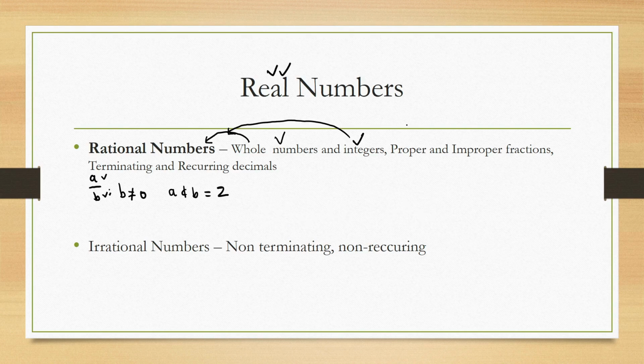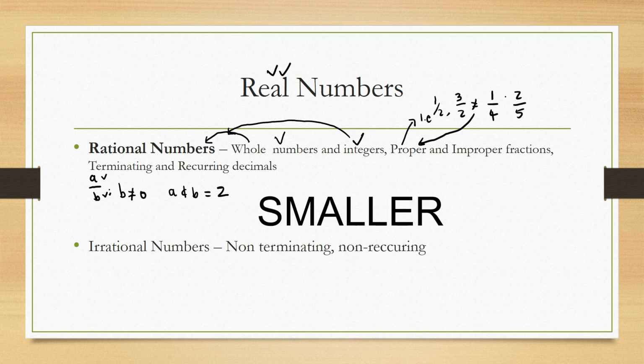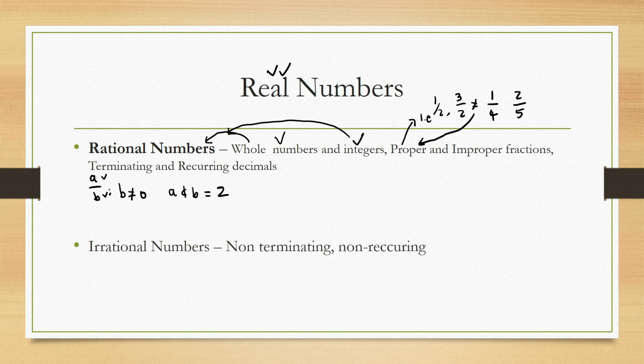So for example, 1 over 2 is a proper fraction. 3 over 2 is not a proper fraction. But 1 over 4 is a proper fraction. 2 over 5 is a proper fraction. Why? Because your numerator is smaller than your denominator.